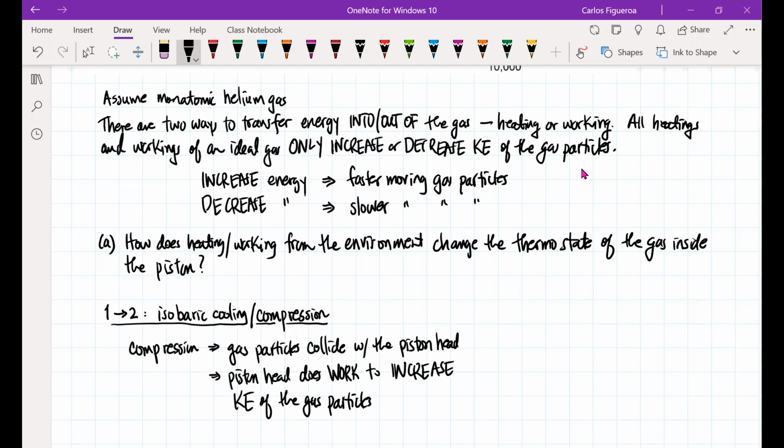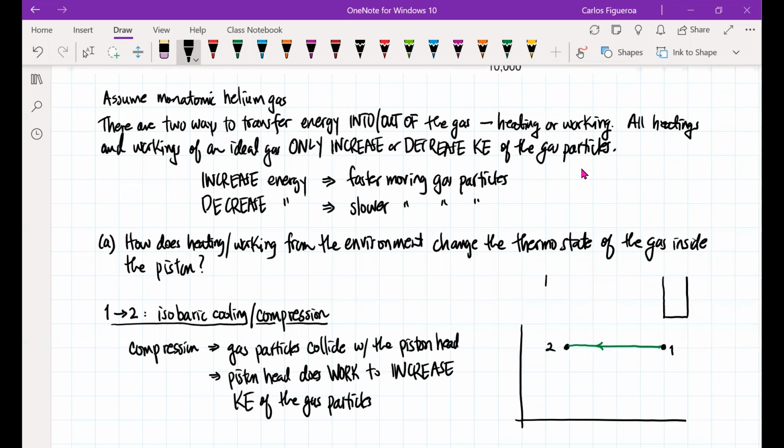So what's happening here is that when I look at my PV diagram, I'm going to go from this spot, 1, to here. So I'm along this path right here. What do I see here? I have a piston.